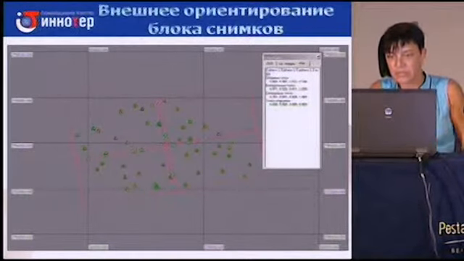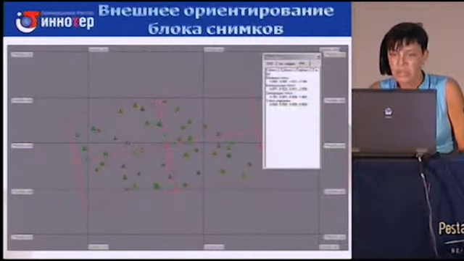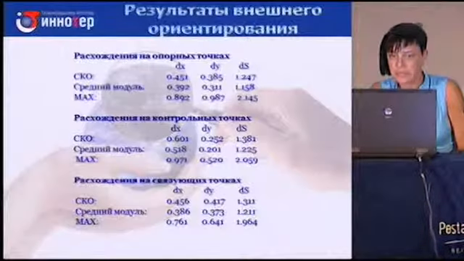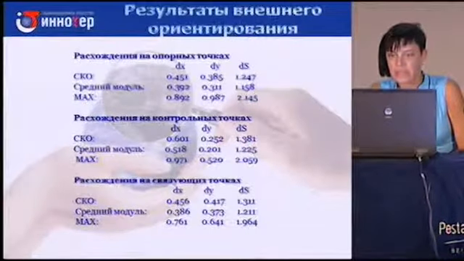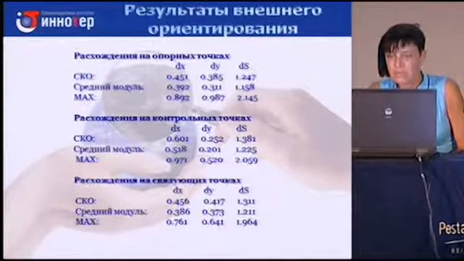External orientation was carried out based on GCPs and tie points and checked against checkpoints. We had 9 checkpoints. We can see divergence for GCPs for external orientation.